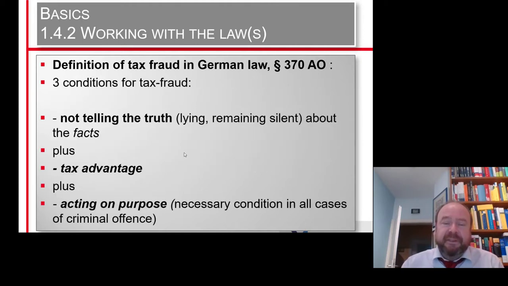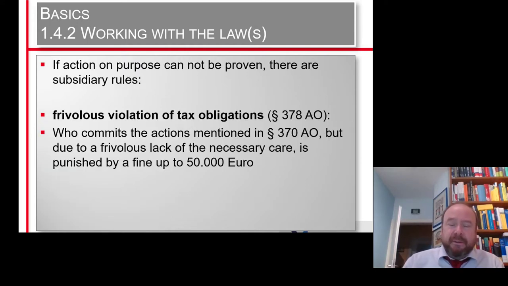So we have three conditions: not telling the truth, achieving a tax advantage, and acting on purpose. And you see the central one is the first one. Good. Now, in cases where a judge really, although that is a person who always makes negative experience with human character, all criminal people showing up in front of that guy or woman, if you really convince a judge that it might not have been intention, then there are some subsidiary rules.